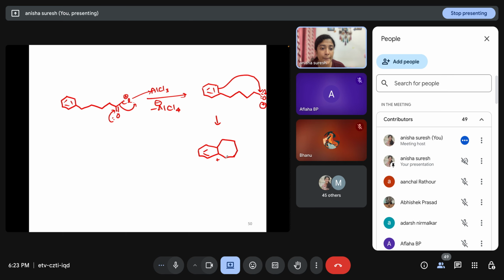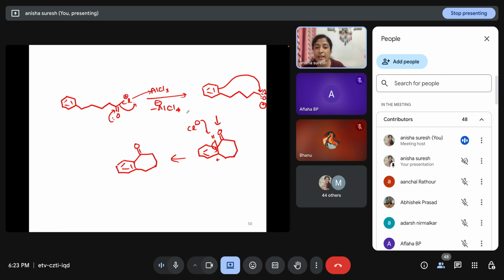And here it will be double bond O. Okay. Then Cl minus can abstract this proton and it will result in the formation of the final product. 1, 2, 3, 4, 5, 6, 7.